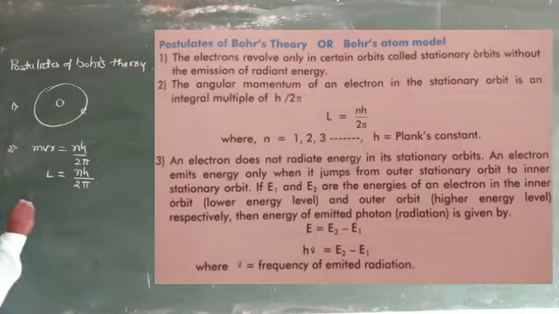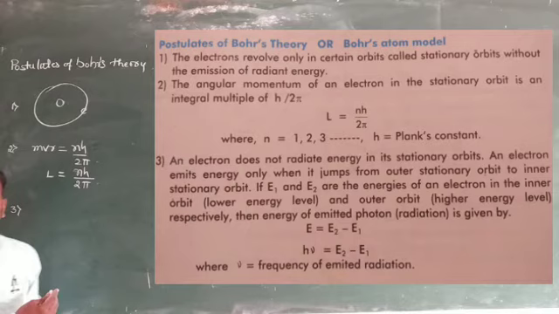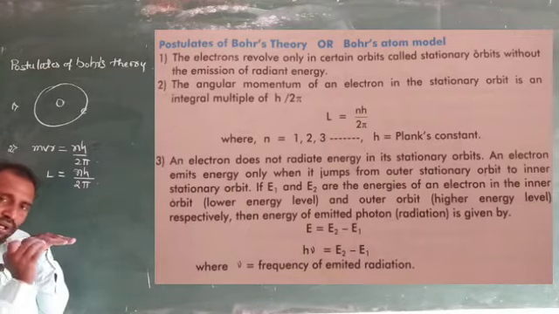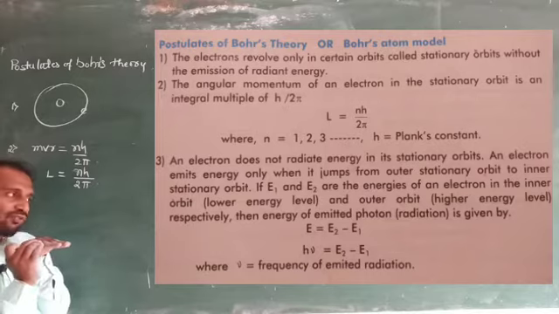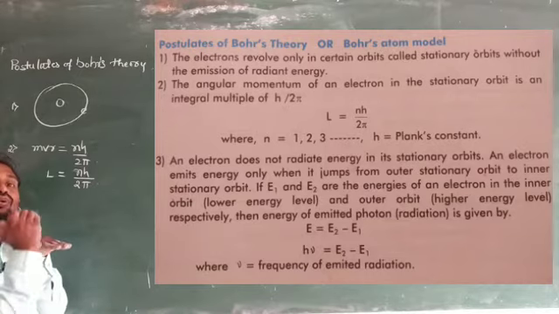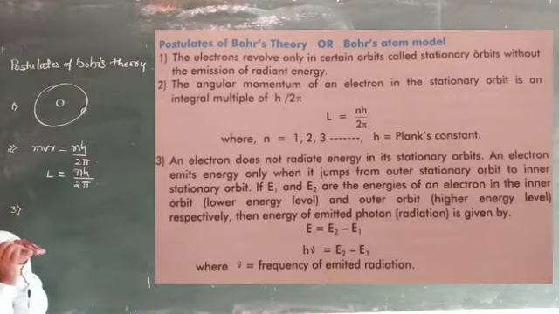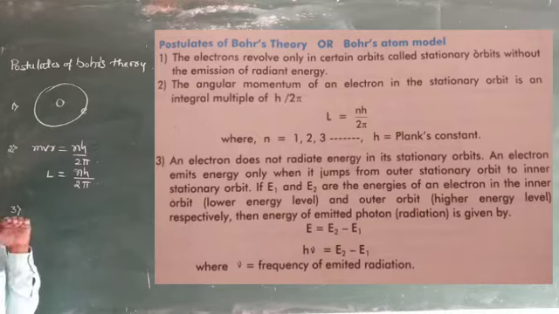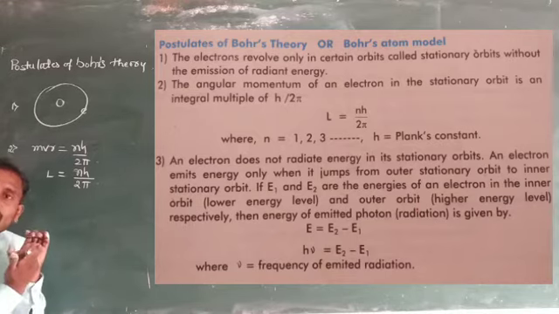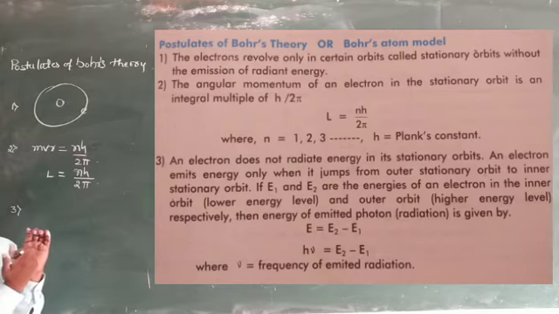The third postulate. Suppose the electron is present in a lower energy level. When some amount of energy is given to this electron, it moves towards the excited state. Afterwards the electron loses its energy and comes to the innermost orbit, the lower orbit.